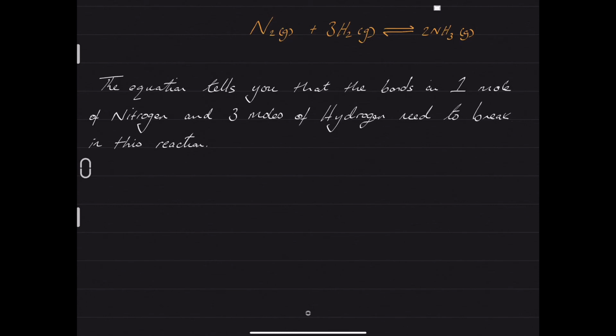This equation tells us that the bonds in 1 mole of nitrogen and 3 moles of hydrogen need to break in the reaction.